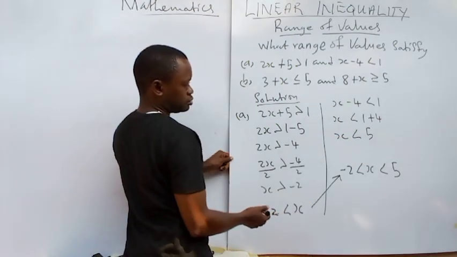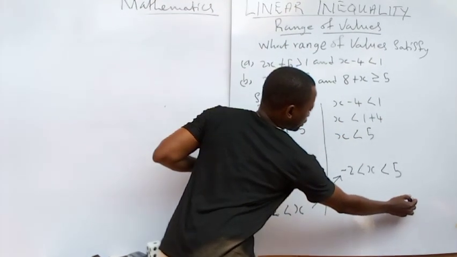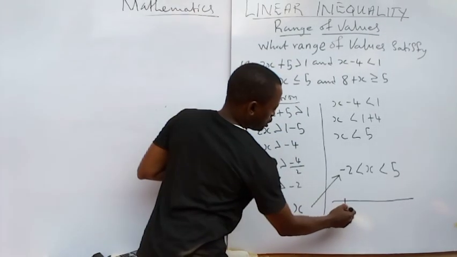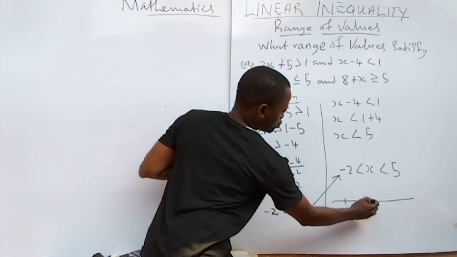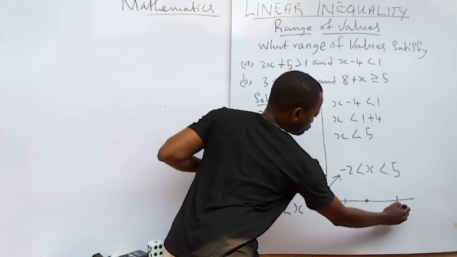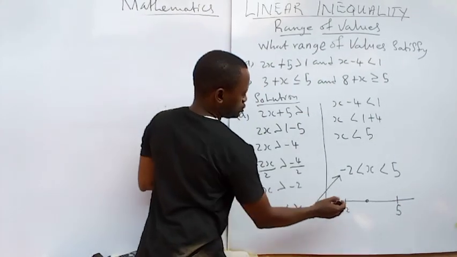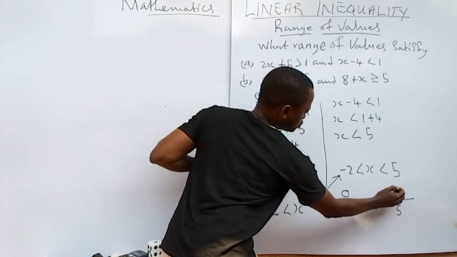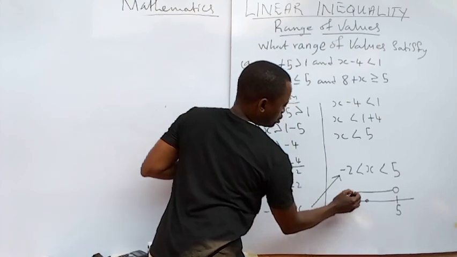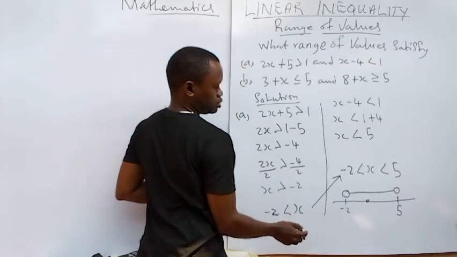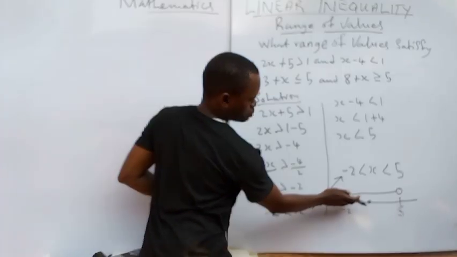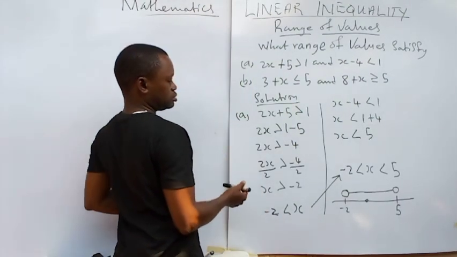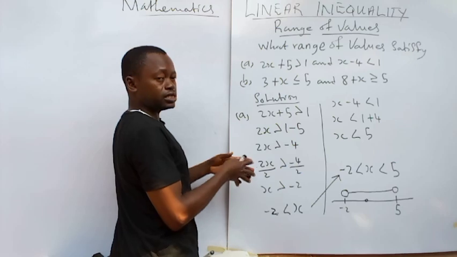It's an interval. So you can show it on the real number line. If here is minus 2, maybe somewhere here is the origin and somewhere here is 5. It then means the interval you are trying to define will start from here and stop here. So I'm sure you know the reason this is open. That's what we discussed in the introductory class.